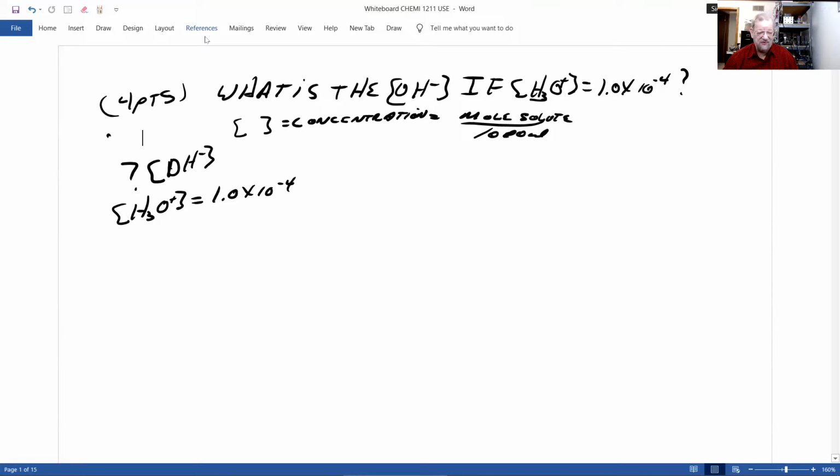So how do we proceed? Well, do you know a relationship between hydroxide and hydronium? And the answer is yes. And this is equal to 1.0 times 10 to the minus 14. So how do you solve for hydroxide? You want to get rid of the hydronium ion, so you divide by it.